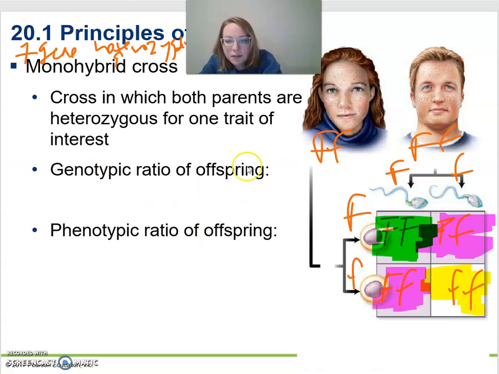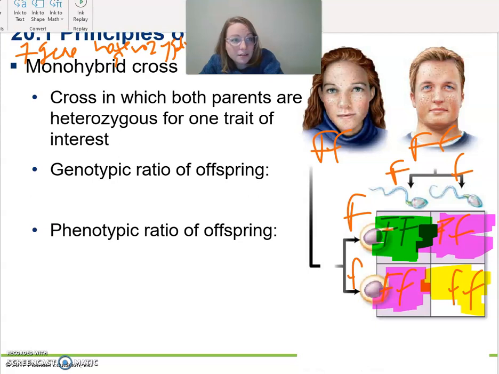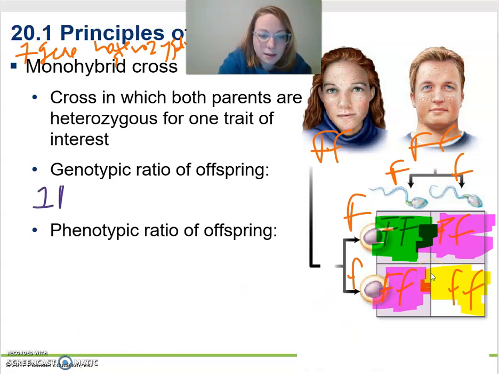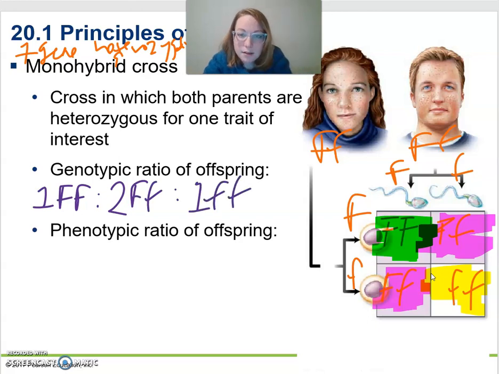So genotypic ratio of offspring. Let's look at what we mean by that. So here we've got 1 big F to 2 to 1, right? 1, 2, 1.